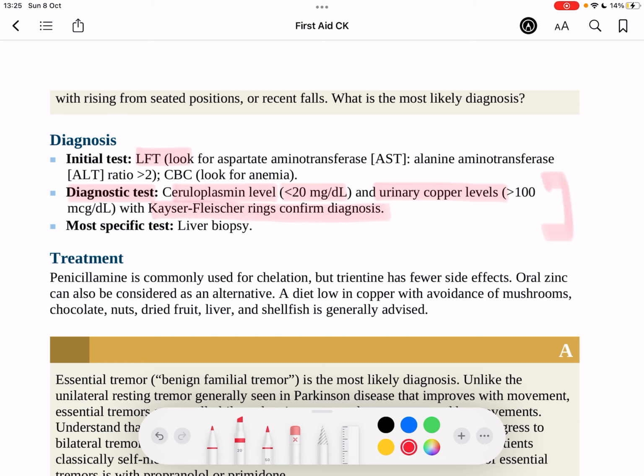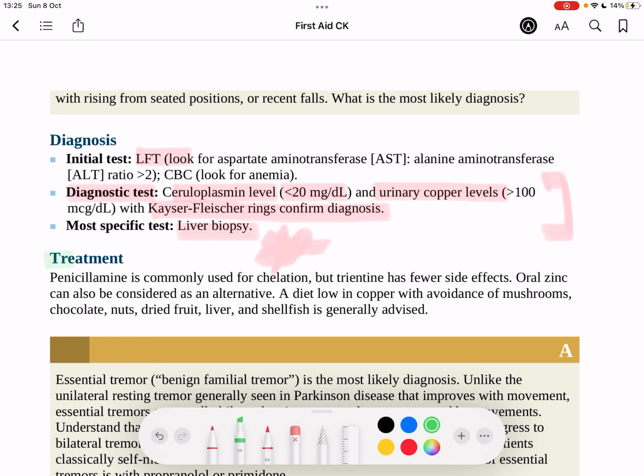And this combination will confirm the diagnosis. The most specific test will obviously be a liver biopsy, okay? Because with the liver biopsy, I can literally see copper buildup within like hepatocyte cells and within the surrounding structures. But this is very invasive and it's not required for the diagnosis.